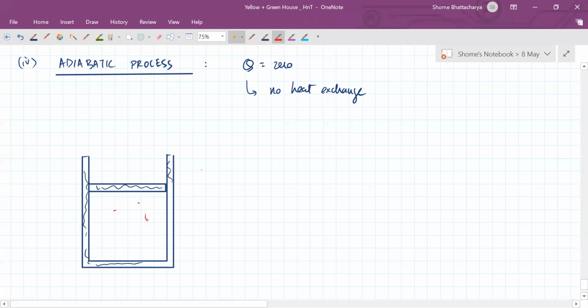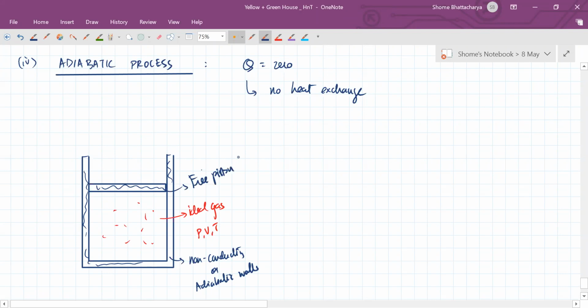So we have some kind of a gas side, and these are non-conducting or adiabatic walls. And this is a free piston, which is also adiabatic, and we have mass m on it.